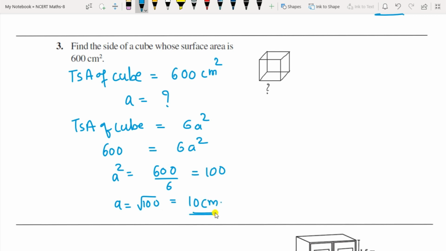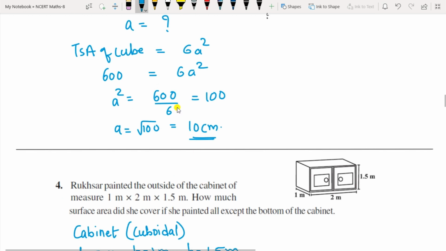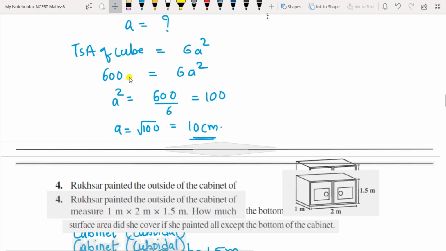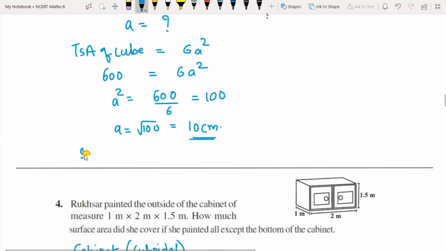So side of the cube is equal to 10 centimeter.